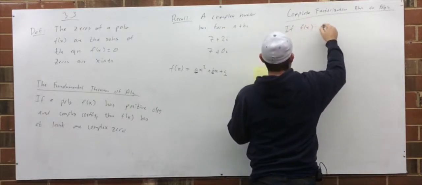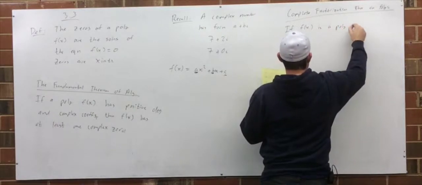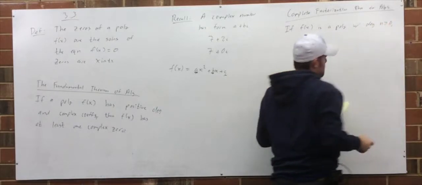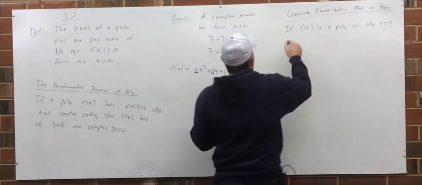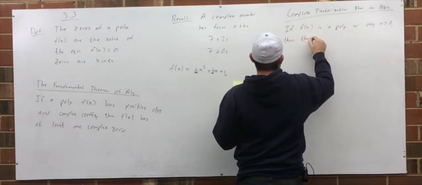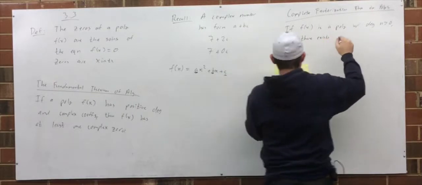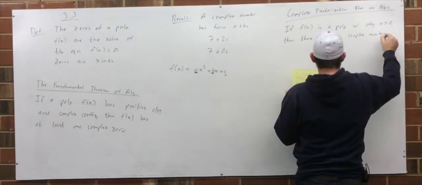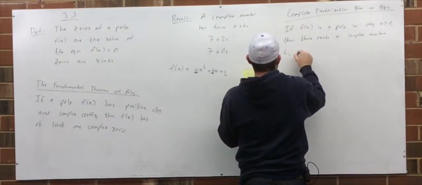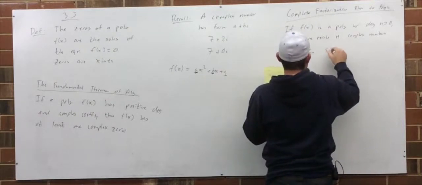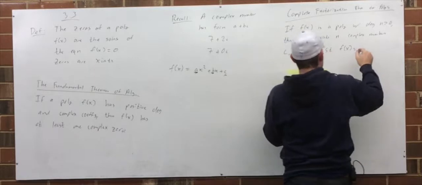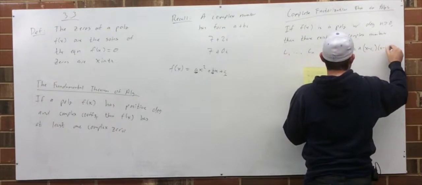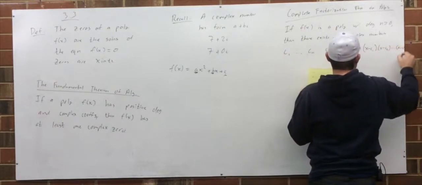If f of x is a polynomial with degree n greater than 0, so again, just a positive degree, then there exist n complex numbers, we'll call them C1 through Cn, such that f of x equals a, which is a constant term, times x minus C1 times x minus C2 all the way through x minus Cn.